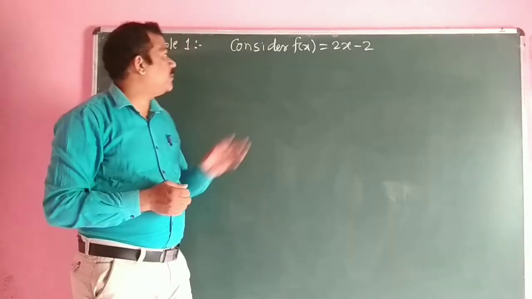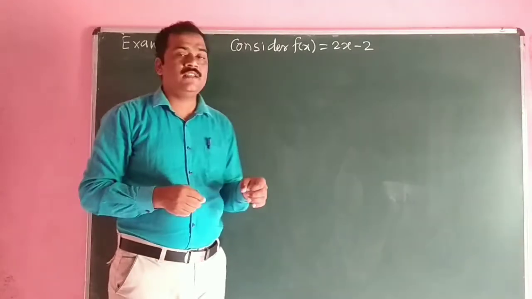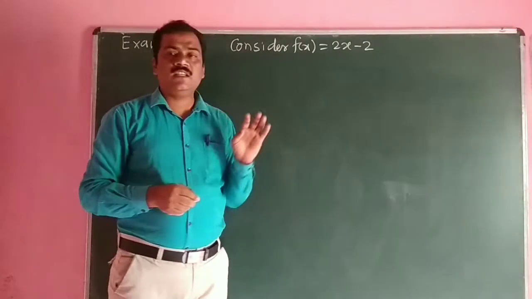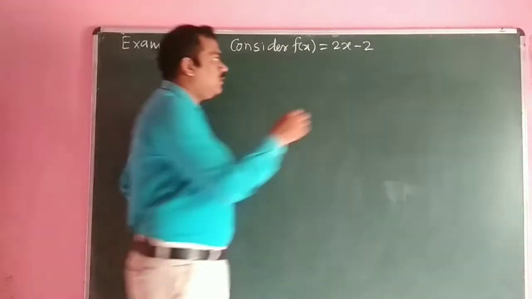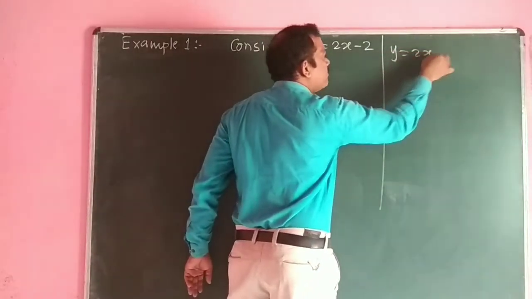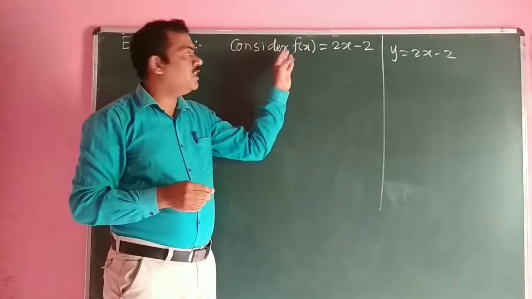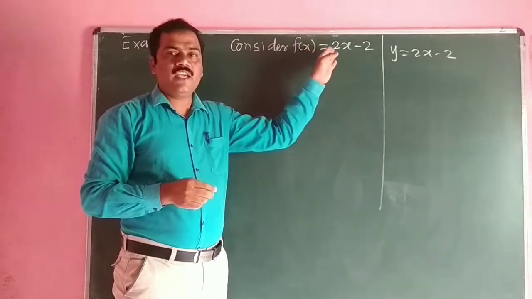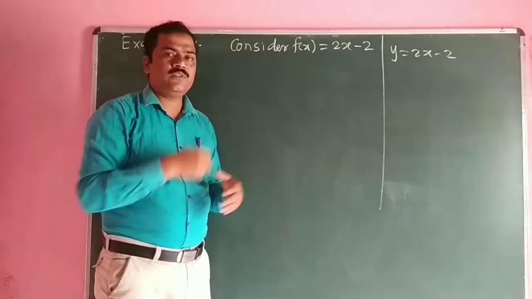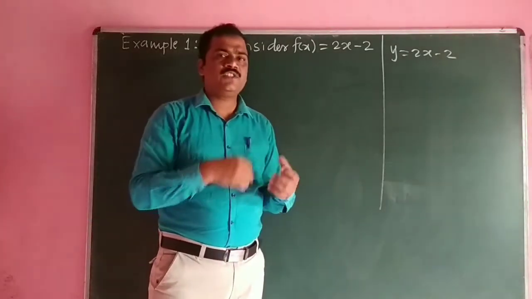For that, we consider the function f of x is equal to 2x minus 2. f of x is nothing but the value of y, so we can write y is equal to 2x minus 2. In the original function, y is a function of x. In the inverse function, we have to reverse that and write x as a function of y.